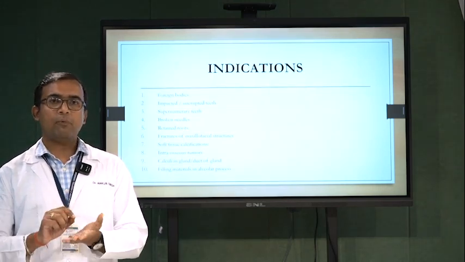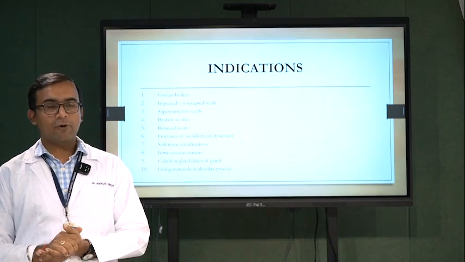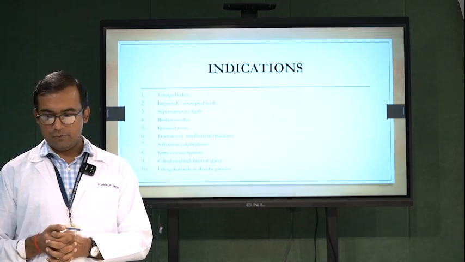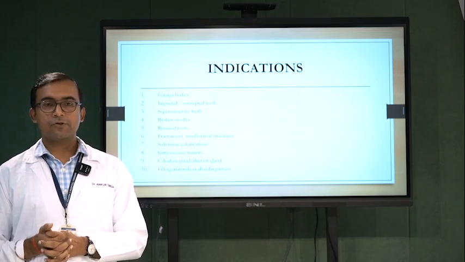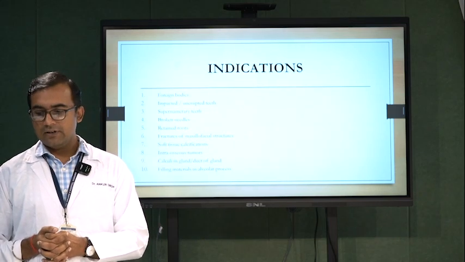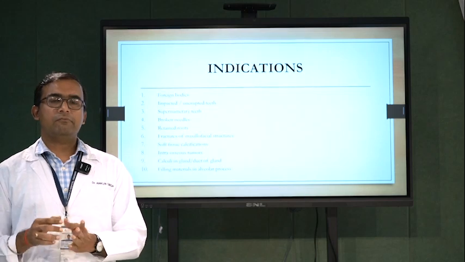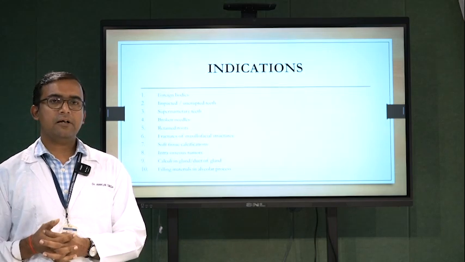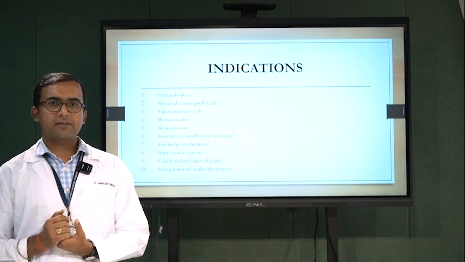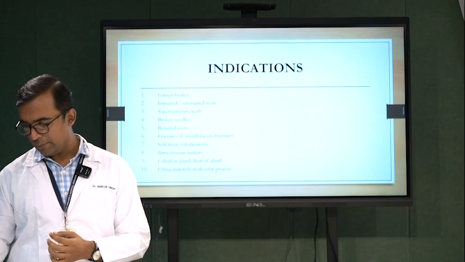Supernumerary tooth, broken needle or a foreign object or a foreign body in the jaw or the tissue, some retained roots, fractures, soft tissue calcifications, some intraosseous tumors, salivary gland stones, and some filling material. When we perform some restoration, the object or the material sometimes gets impinged, and to localize exactly where they are, we can perform these techniques.